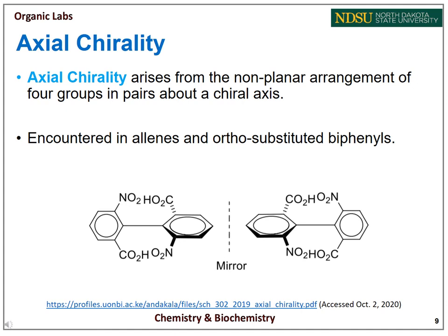So looking at these two biphenyls, they do not contain any chiral carbons. However, due to the rigidity of the molecules due to the steric hindrance from the large substituents, the position of the bonds are held in place. Therefore, the biphenyls cannot freely rotate, and so when we're looking at them, we can see that they are mirror images of each other, and yet they are not superimposable, and therefore they exhibit axial chirality.